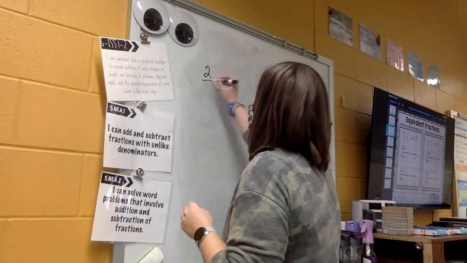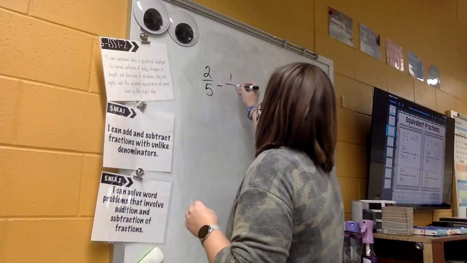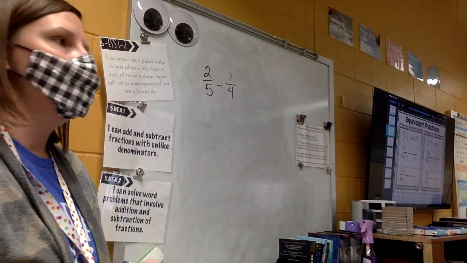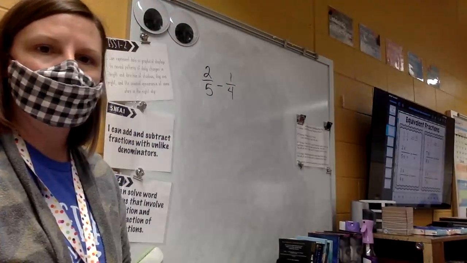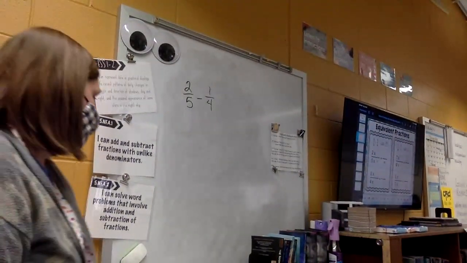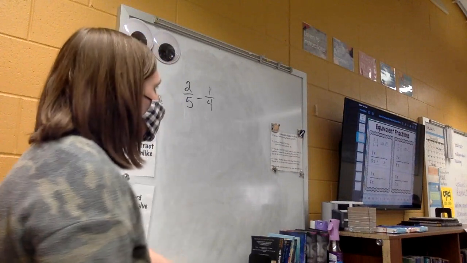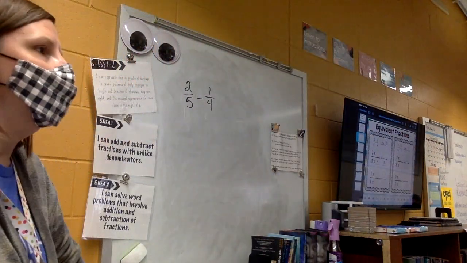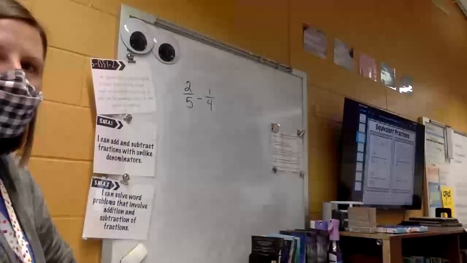So we have 2/5 minus 1/4. Okay? 2/5 minus 1/4. Okay. Now, it already gives us the least common denominator, so we don't have to find that. Okay? Already gives us that.